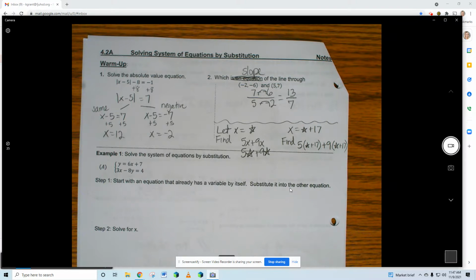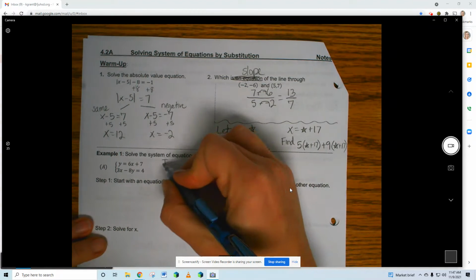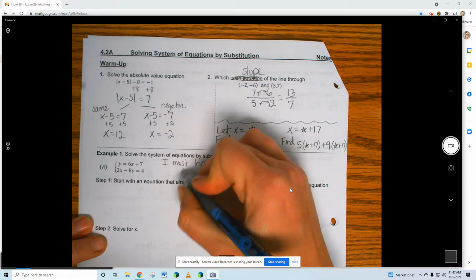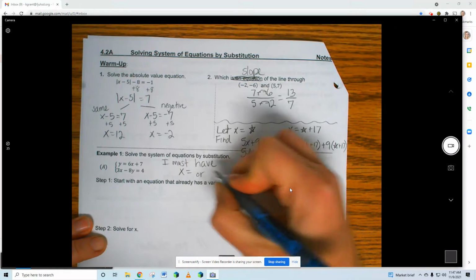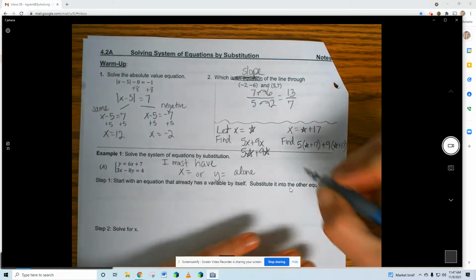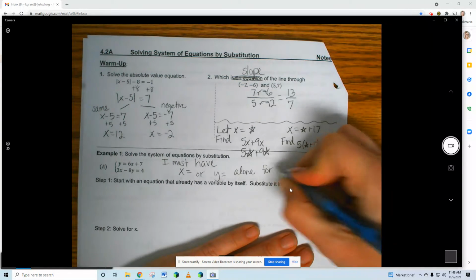Okay. So here's how it works with equations. The only way that I can have a substitution is if I have x equals or y equals alone for substitution.